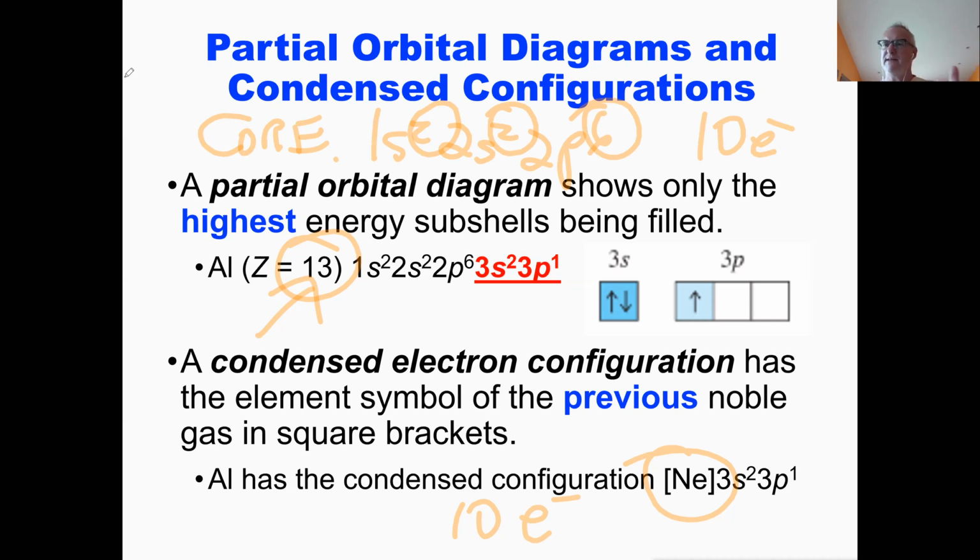What's more important is the outer shell electrons, the ones actively involved in bonding, and it's these 3 electrons here. So instead of writing out the whole thing, we substitute this part, which is the actual electron configuration of neon, and we just put neon in square brackets. That tells us, yeah, I know what those are.